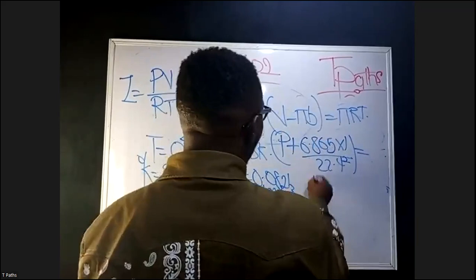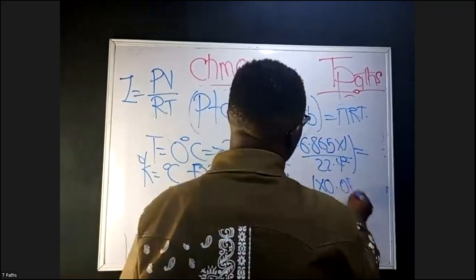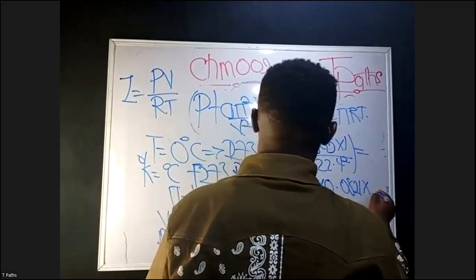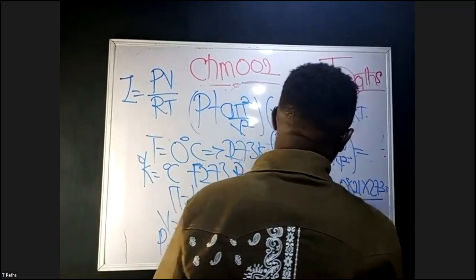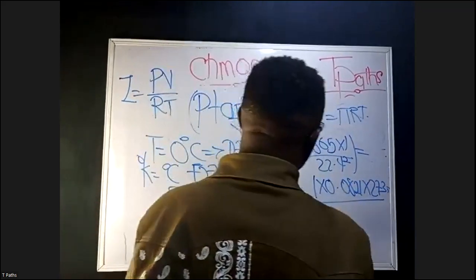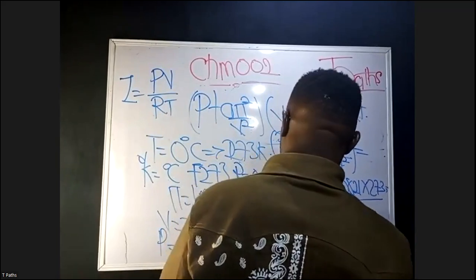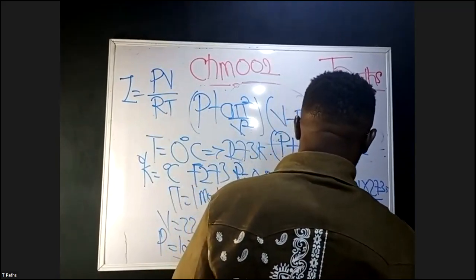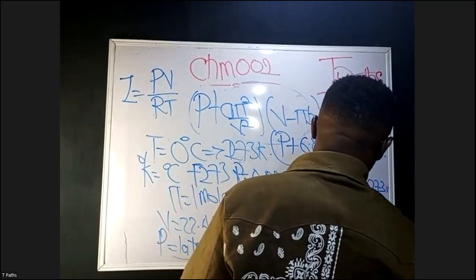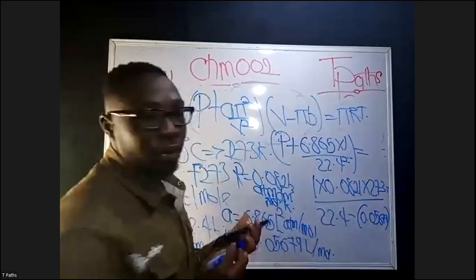N is 1, R is 0.0821, temperature is 273, divided by V, which is 22.4, minus 0.05679. Now let's solve this together.